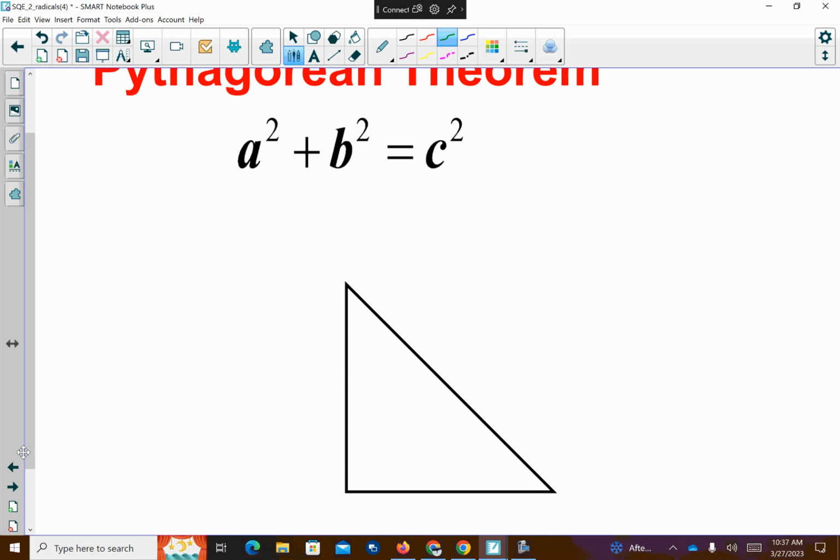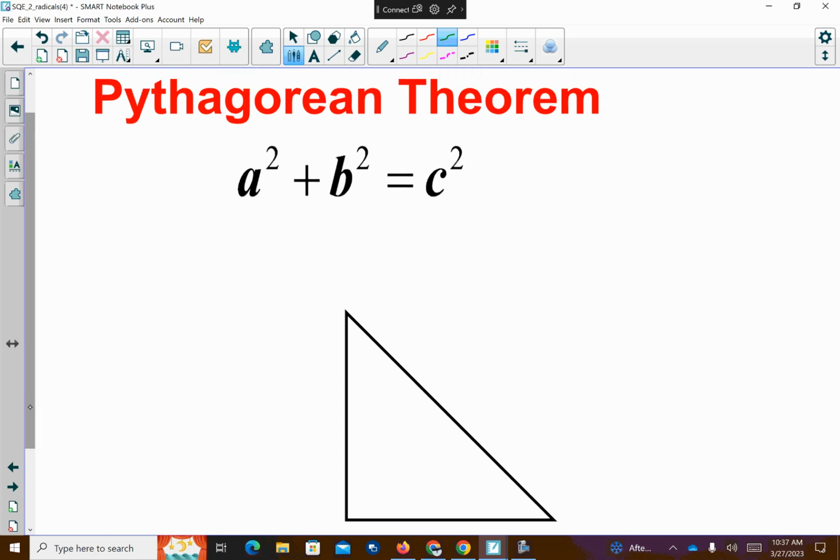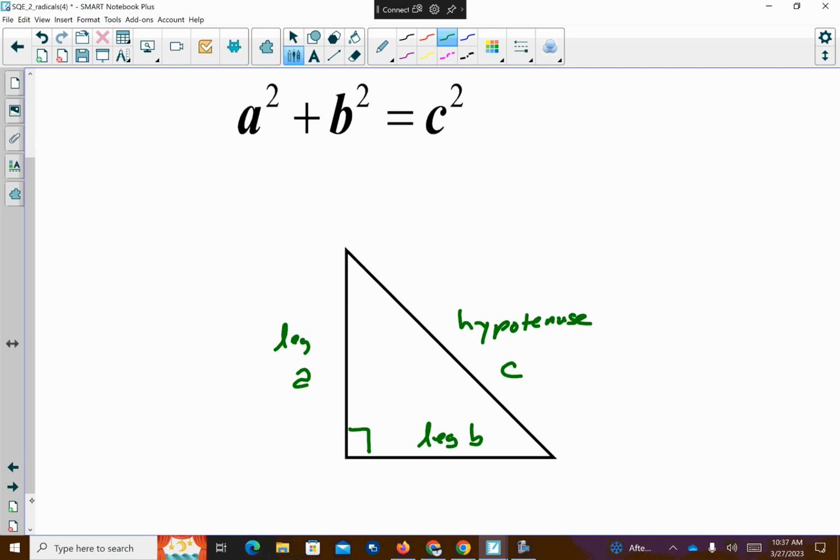The Pythagorean theorem was come up with by the mathematician Pythagoras in the 6th century before the Common Era, who realized that if I have a right triangle with a leg, a leg, and a hypotenuse, there's a relationship. If this is side A and this is side B and this is side C, basically what the Pythagorean theorem means is this.